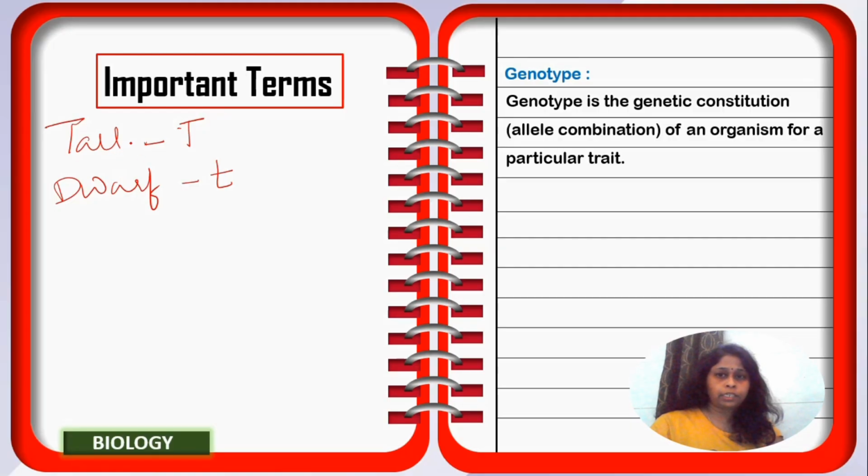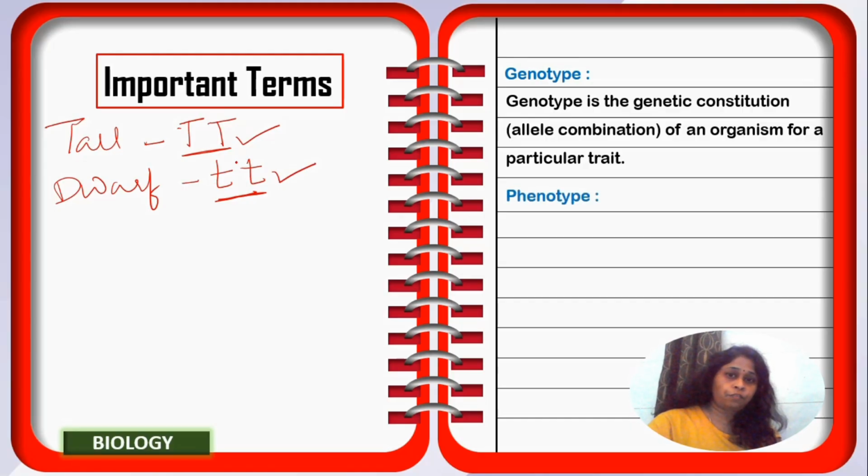Now what are the allele combinations in tall plant? This is capital T, and in dwarf plant it is small t. So this capital T, small t, this is the genetic constitution of a particular trait. So this is genotype, capital T, this is genotype, and this is also a genotype.